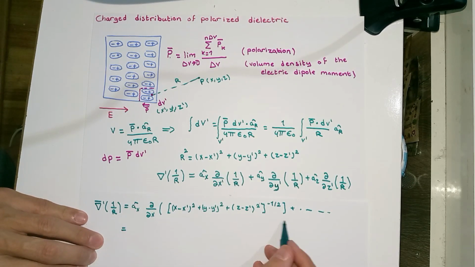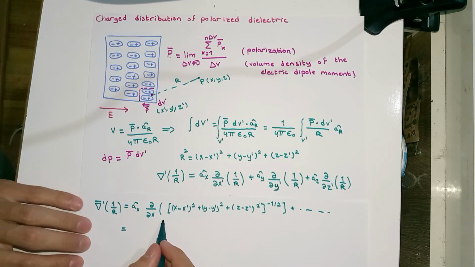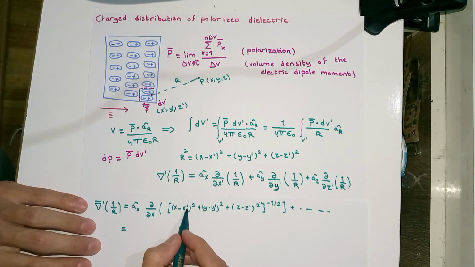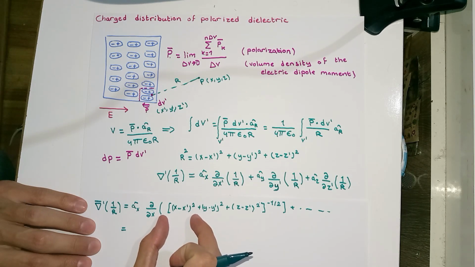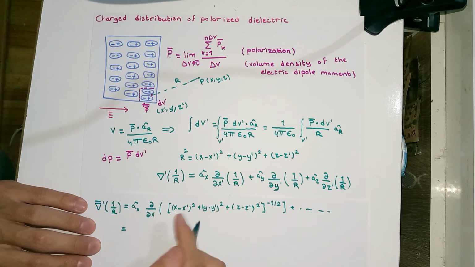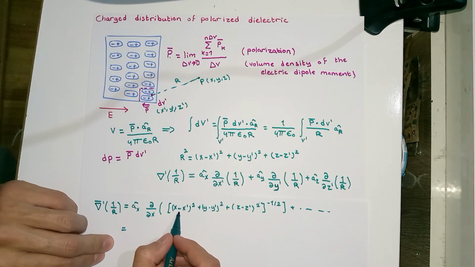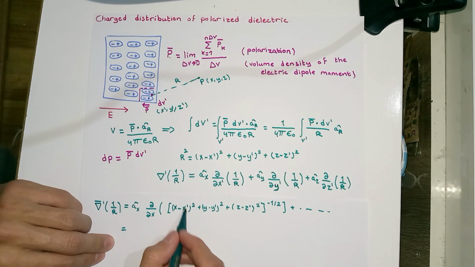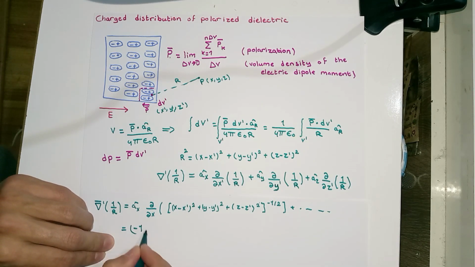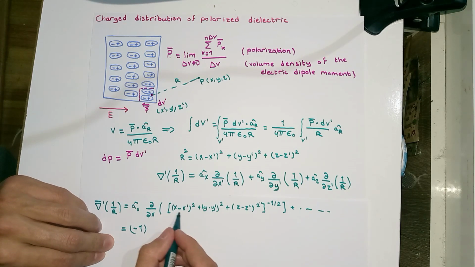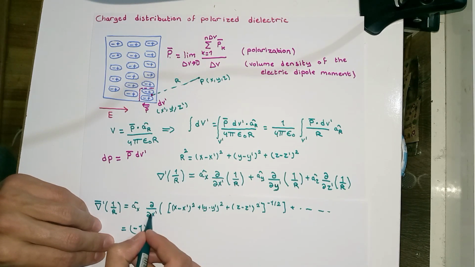We all know how to do this derivative. I prefer to start differentiation by the innermost term and then go outside. So I'm going to start by taking the derivative of minus x primed, which is minus 1. The derivative of x minus x primed with respect to x primed is this.